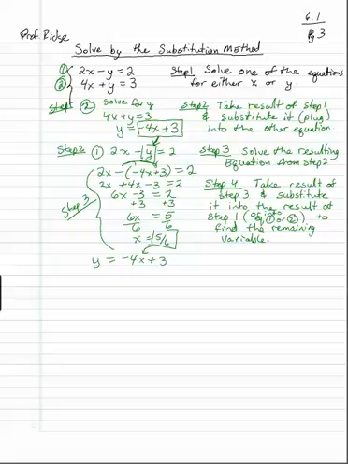Now, alternately, you could plug it into the original equation 1 or original equation 2, doesn't matter. And then you just solve for the remaining variable. So we're going to take y equals negative 4, take the 5/6, put it in for x, punch that in our calculators, and get an answer.